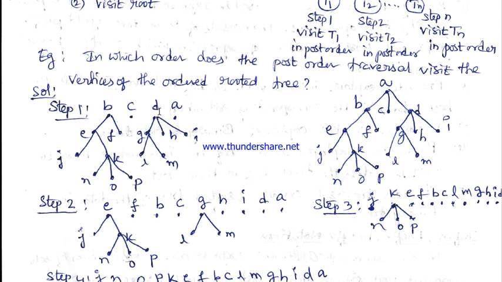To traverse the subtree at D by the post order, we visit the subtree at G first, followed by H and I, and finally the root vertex D. And next is A as usual. So step 2 is shown here.